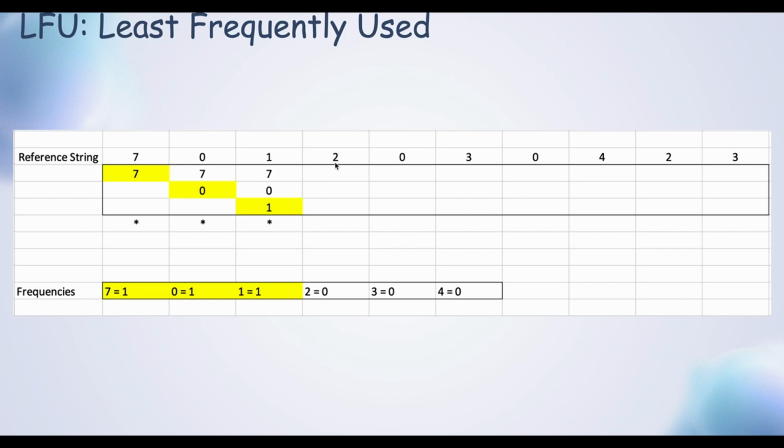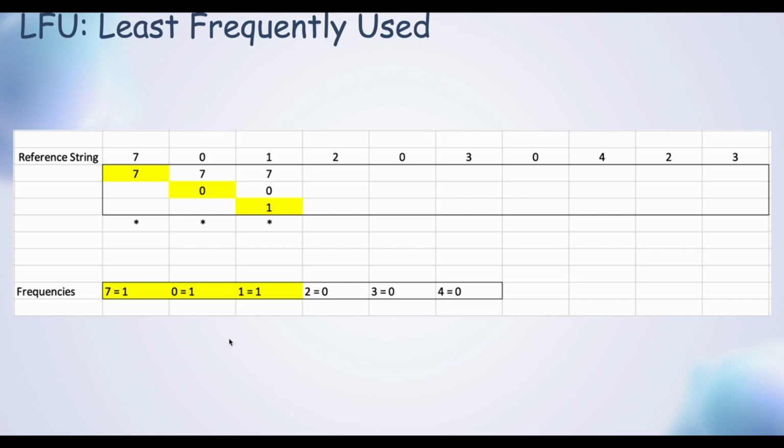And now we demand 2, which is not present in the cache, and so we have to use the least frequently used.